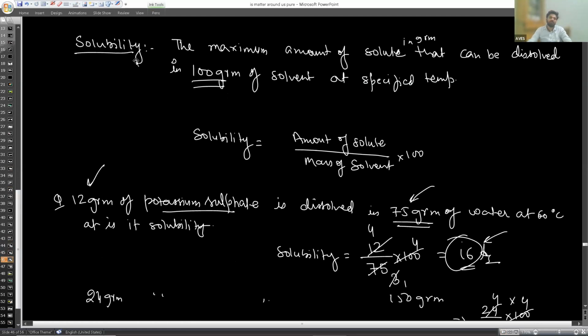Now note down the solubility. Solubility is the maximum amount of solute that can be dissolved in 100 gram of solvent at a specified temperature. Note it down.